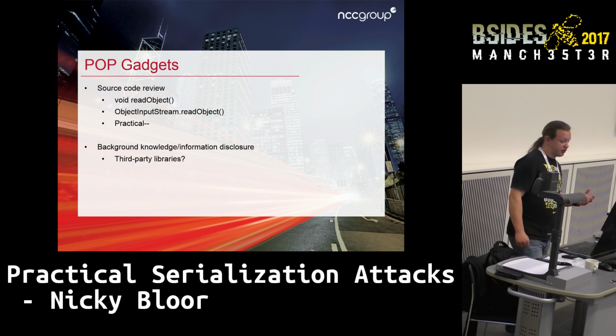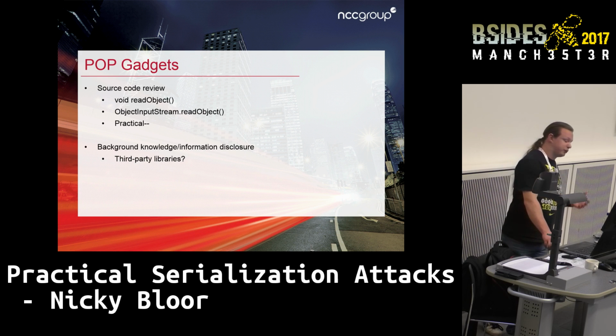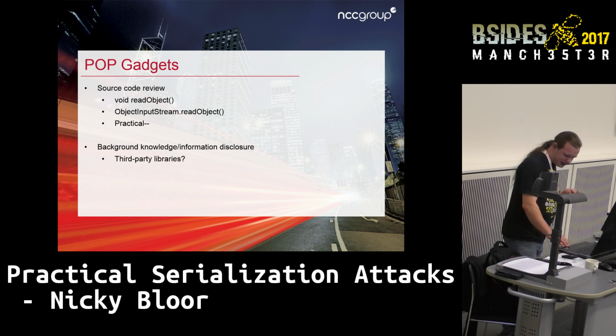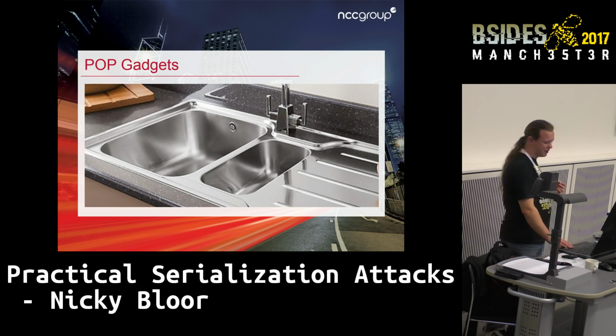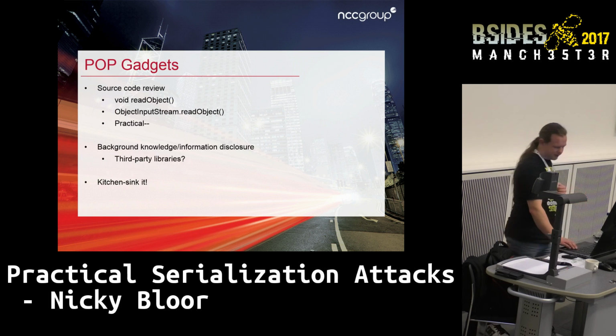We need to work out which libraries the application uses. Ideally, we'll use background knowledge or an information disclosure issue to identify libraries that we can use. And if that fails, we can kitchen sink it. We can throw everything but the kitchen sink at it.